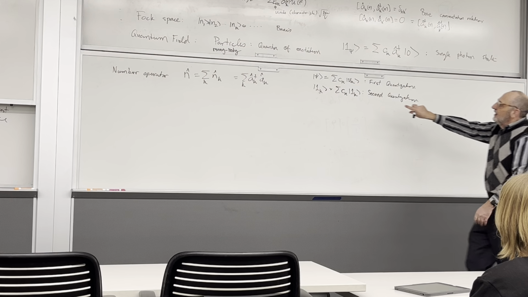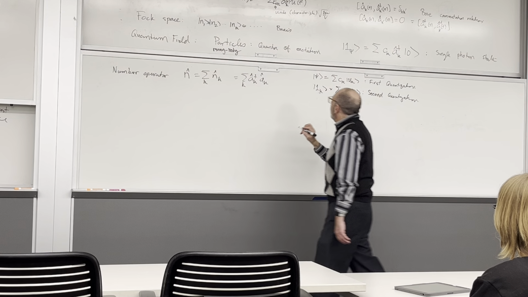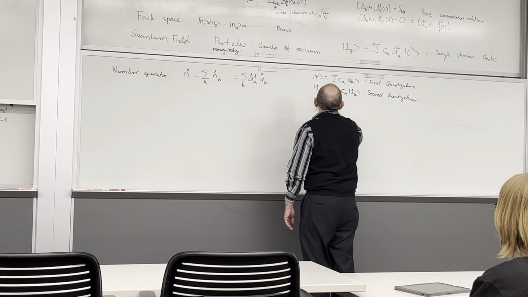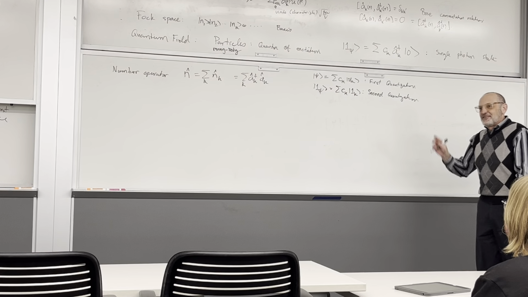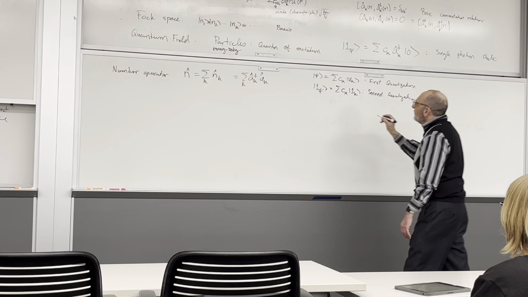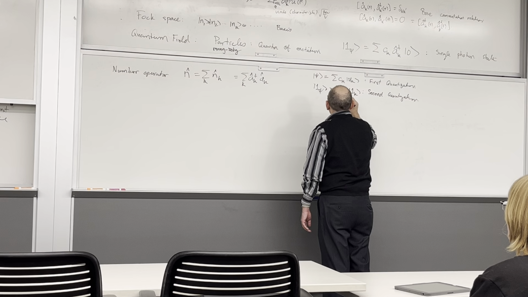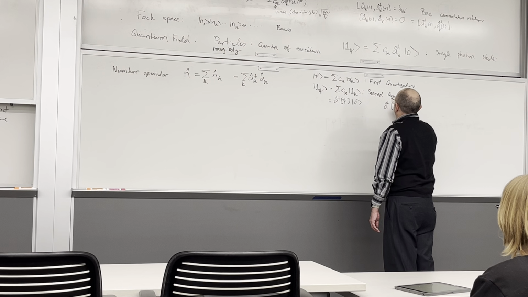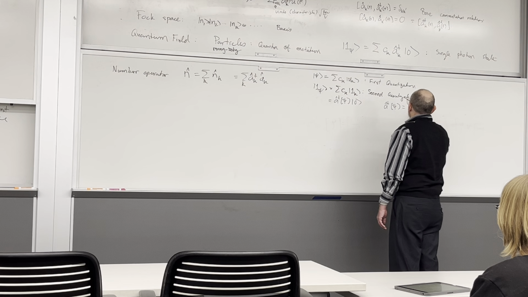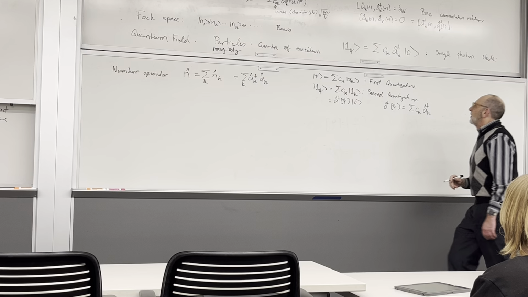So this state is an eigenstate of the number operator. Oh, this would be 1 sub psi, excuse me. I caught my mistake there. I can also write this as creating a particle in the wave packet psi, where this operator is just a superposition of those creation operators.